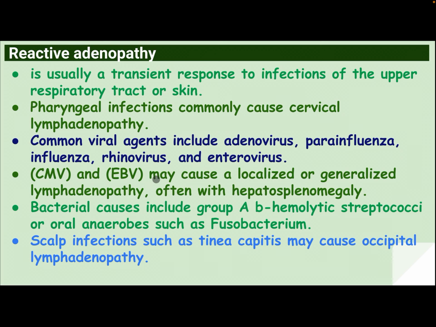Cytomegalovirus and Epstein-Barr virus may cause a localized or generalized lymphadenopathy, often with hepatosplenomegaly. Bacterial causes include group A beta hemolytic streptococci, oral anaerobe such as Fusobacterium. Scalp infection such as tinea capitis may cause occipital lymphadenopathy.